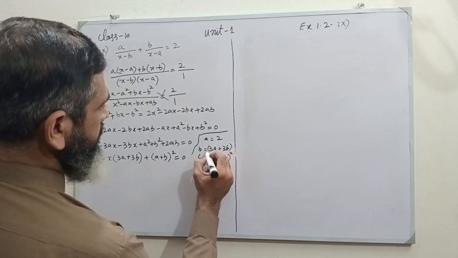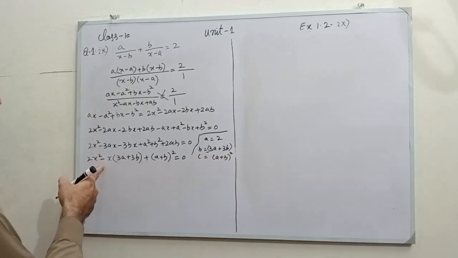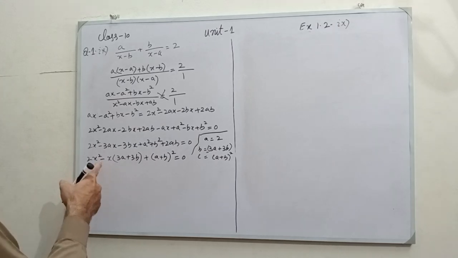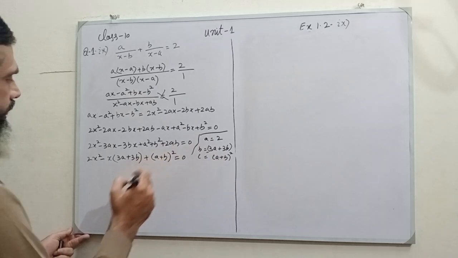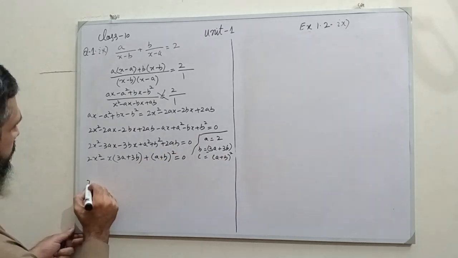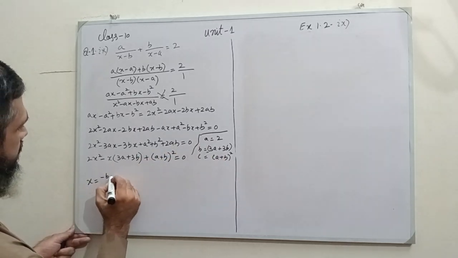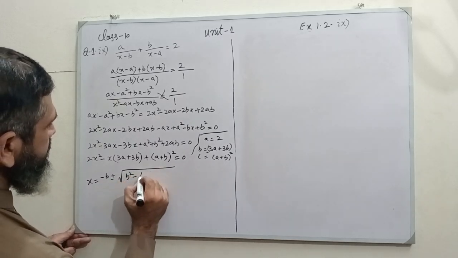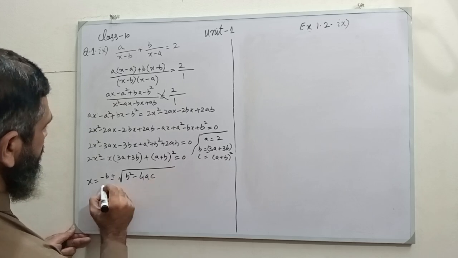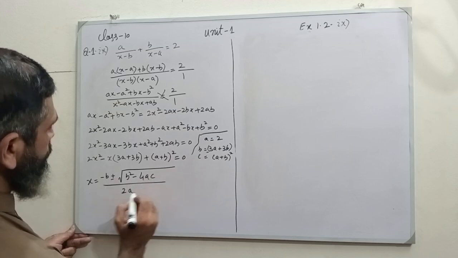This is minus, okay, because this one in standard form it is plus, so it's minus 3a plus 3b. So what is the quadratic formula? x is equal to minus b plus minus under root b square minus 4ac over 2a.